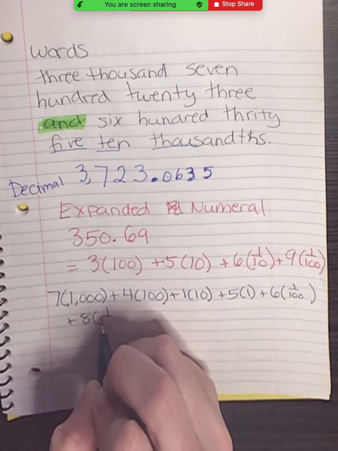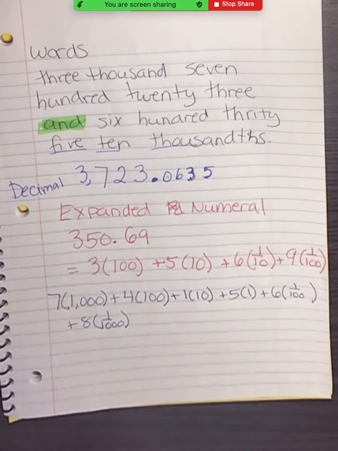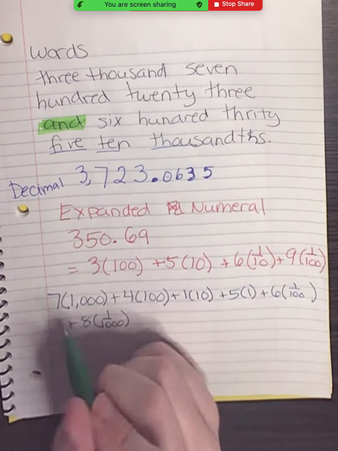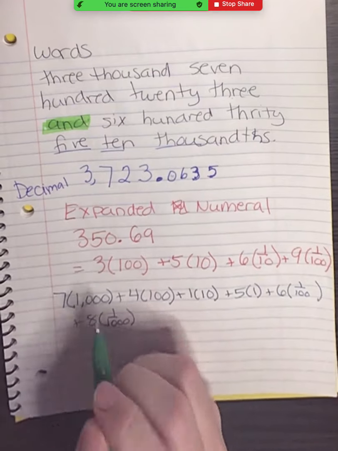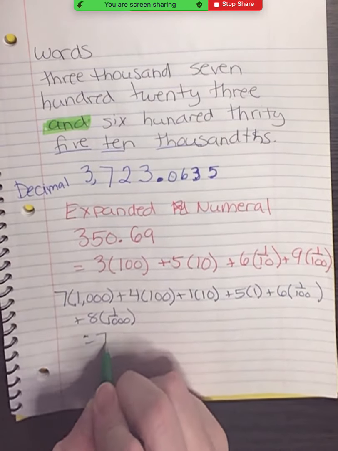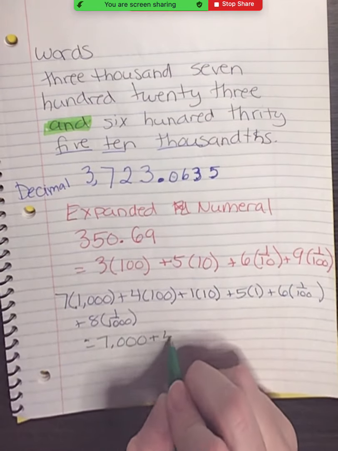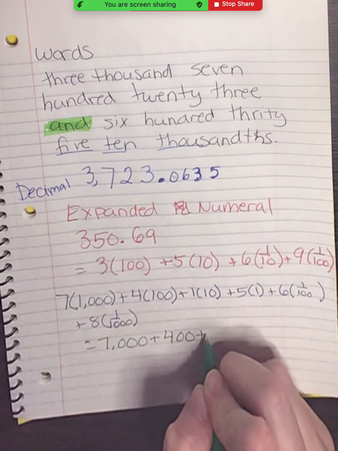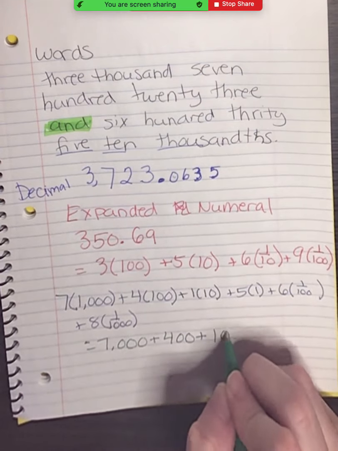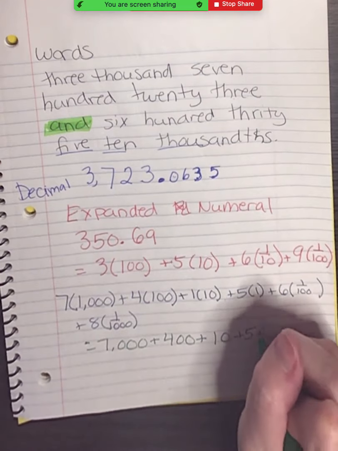All right, and then we're going to simplify even more and do that addition. So we get 7 comma 415.068. Okay.